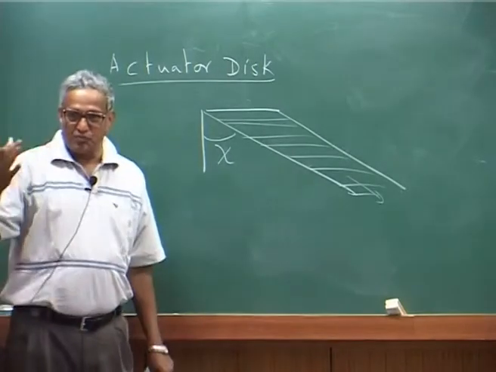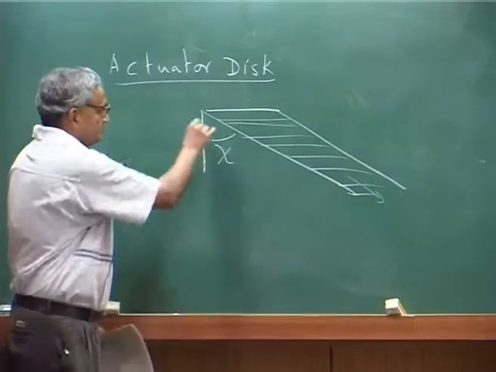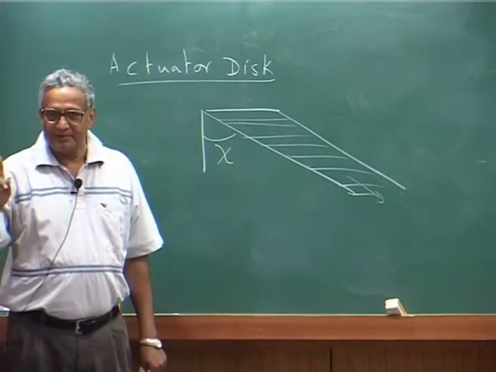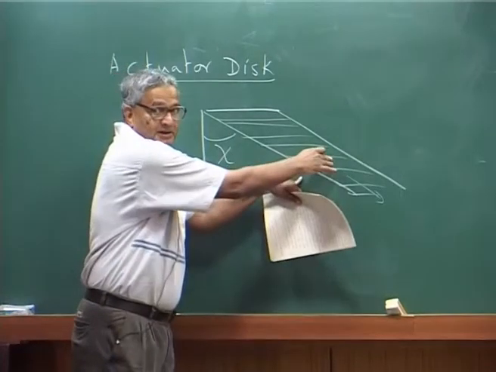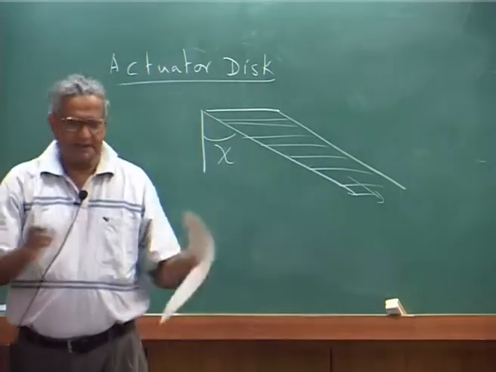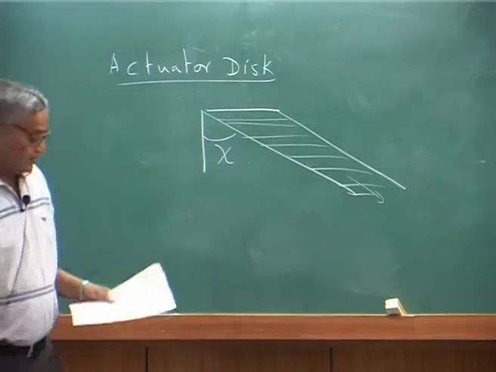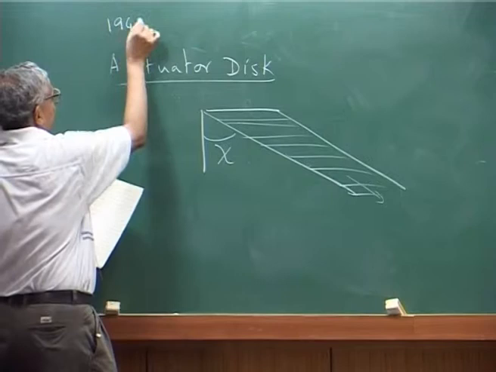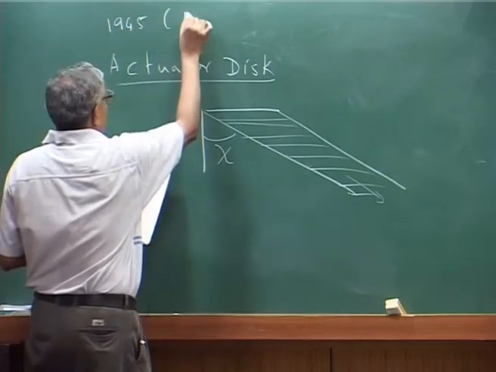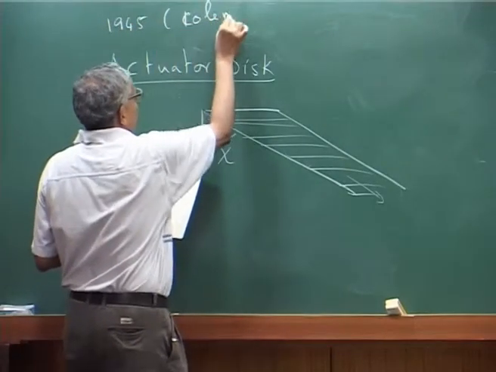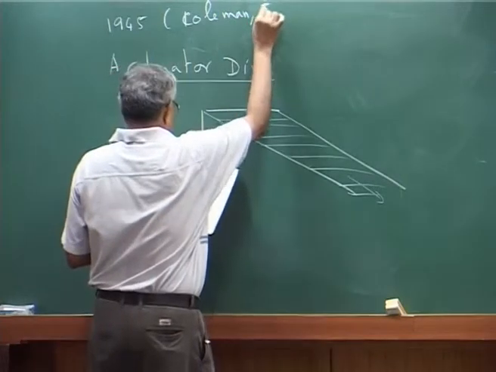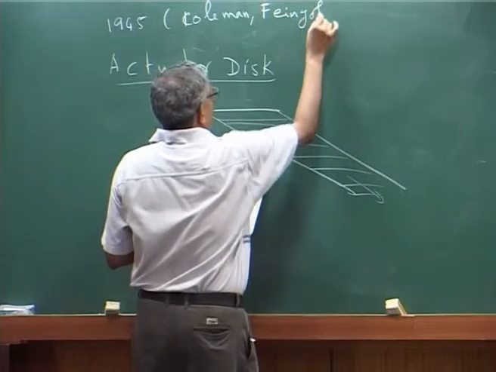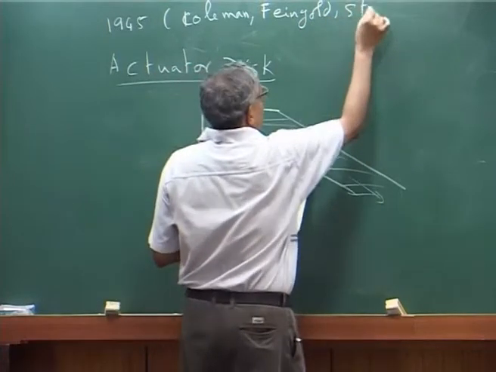Okay. You assume uniform loading, which means gamma is constant. How did it become like this? Purely because of the forward speed. This was done in 1945 by Coleman, Feingold and Stimpin.